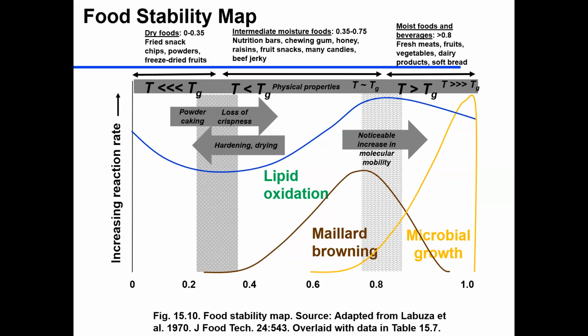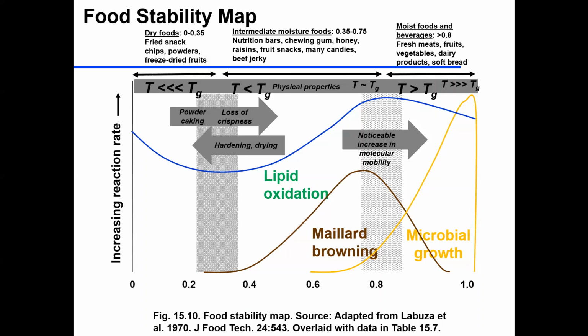That takes care of the really dry products. Intermediate moisture foods are in the range of 0.35 to 0.75. What are some examples? Nutrition bars, chewing gum, honey, raisins, fruit snacks, mini candies, beef jerky. So kind of in the intermediate moisture range, not dry, not wet.